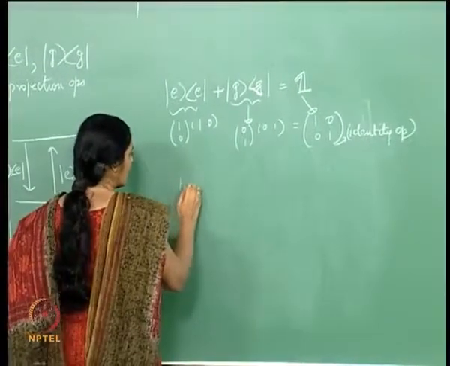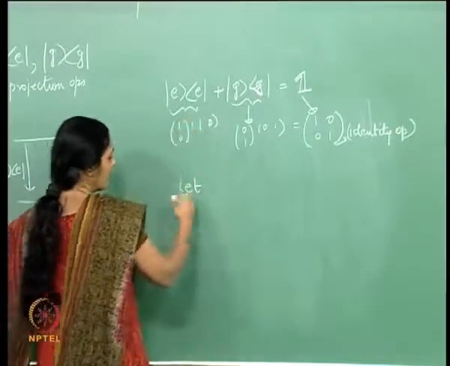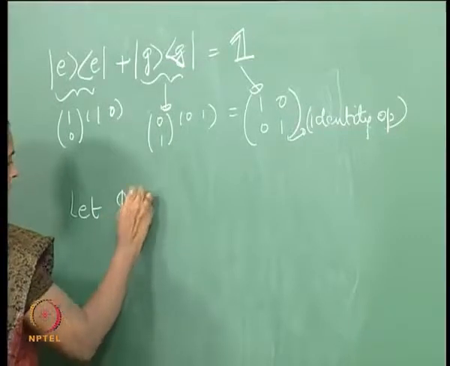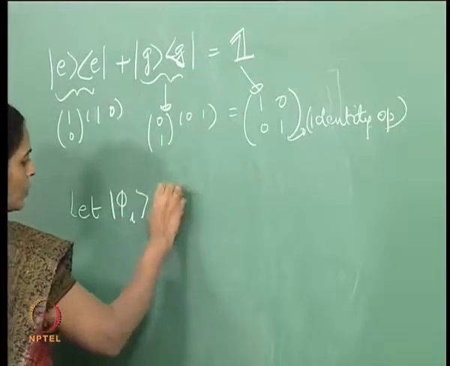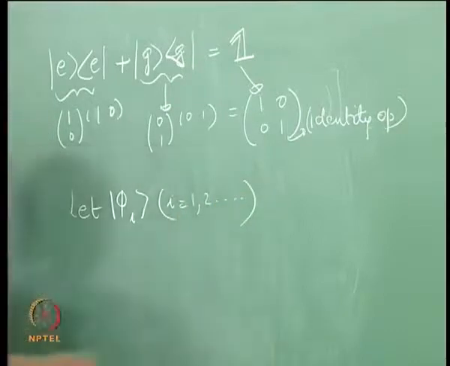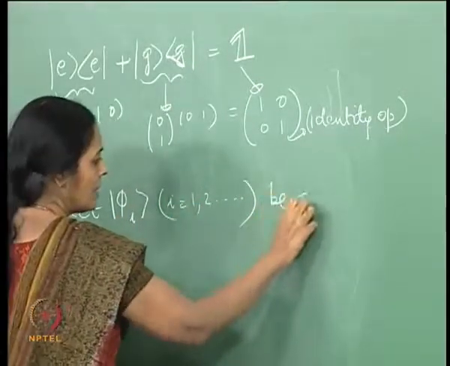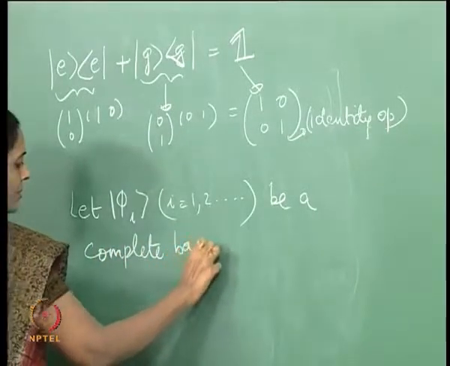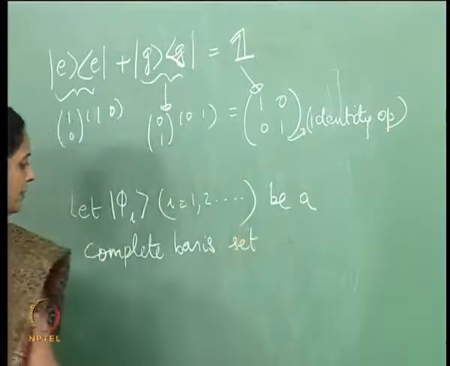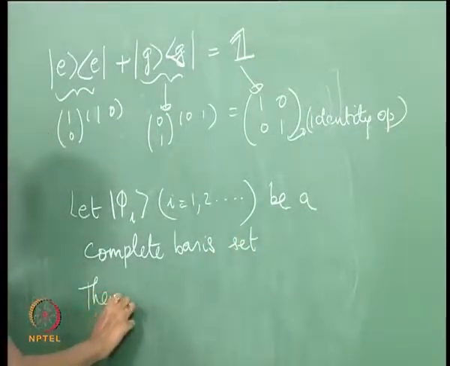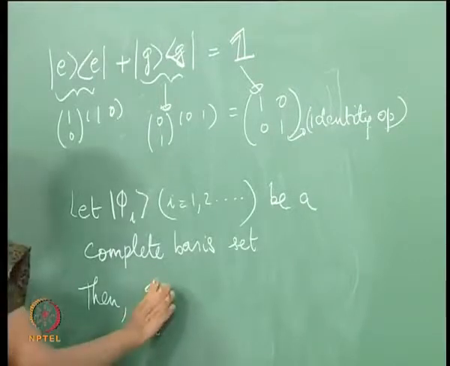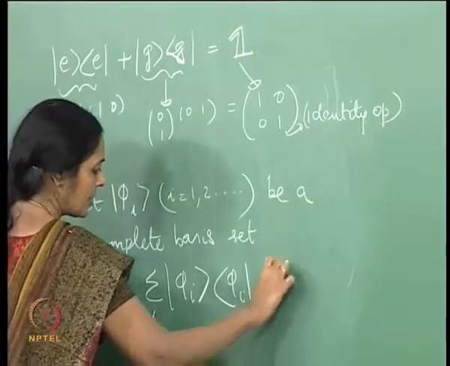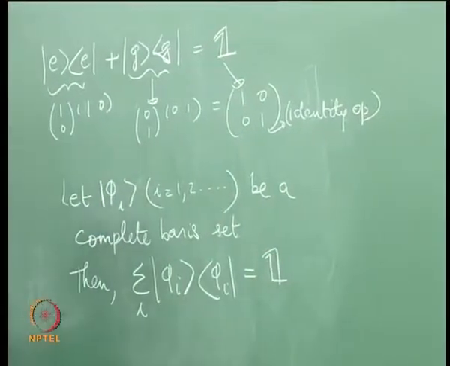In other words, in general, this is an example of a statement which says that let φi, i equal to 1, 2, as many as there are basis states, be a complete basis set, then the summation over i of |φi><φi| is equal to the identity operator.